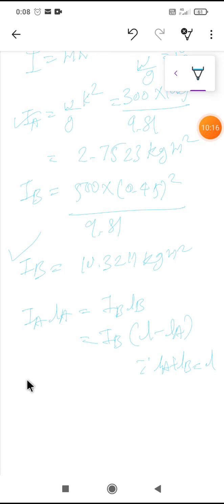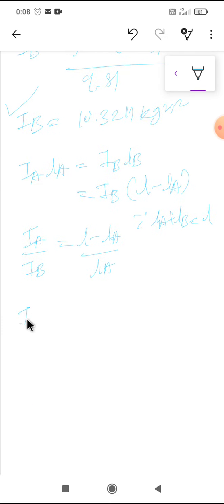So I will take the ratio: IA divided by IB is equal to L minus LA divided by LA. So IA divided by IB is equal to L divided by LA minus 1. Taking minus 1 to the left hand side, IA divided by IB plus 1 is equal to L divided by LA.